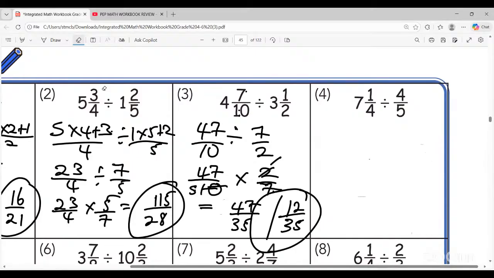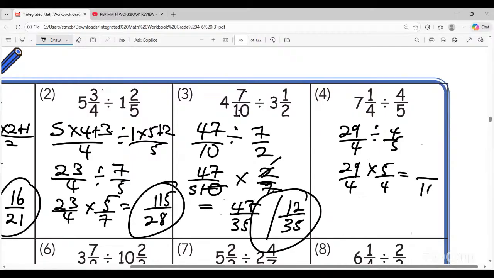Alright, too big. So 7 times 4 is 28, and 1 is 29 over 4 divided by 4 over 5. So we write back 29 over 4 times 5 over 4.